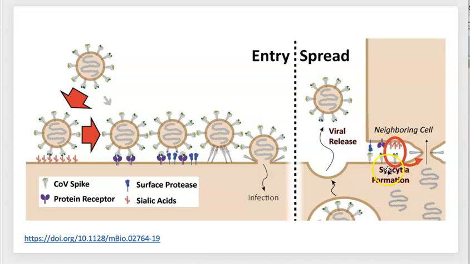And syncytia formation occurs when virus spike proteins, which are being assembled and displayed on the surface of the infected host cell. This is actually an important process because displaying antigens like this tells the immune response, I'm infected, basically kill me. But in this particular case, it leads to syncytia formation. So this is a neighboring cell, and the neighboring cell's sialic acids can interact with the hemagglutinin and spike proteins that are displayed on the surface of the infected cell, and that causes membrane fusion to occur.